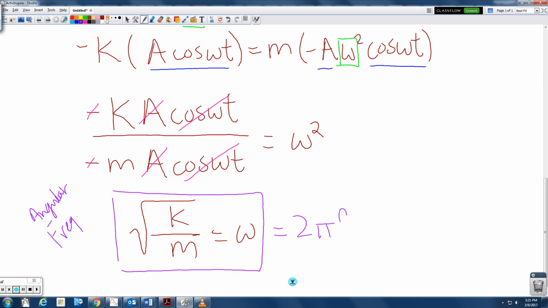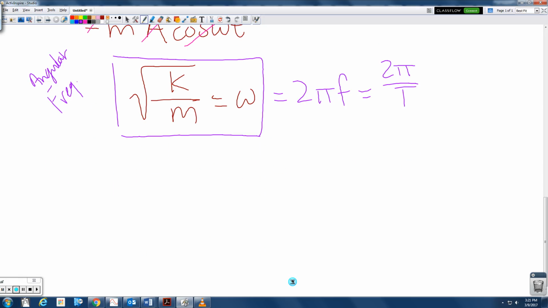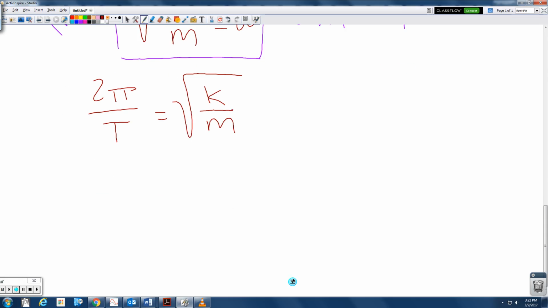It's also equal to 2 pi over T. Let's solve that for T. I have 2 pi divided by big T, the period, equals square root of k, spring constant, divided by mass m. Let's square both sides. 4 pi squared over T squared equals k over m.